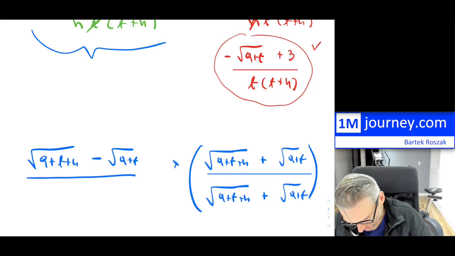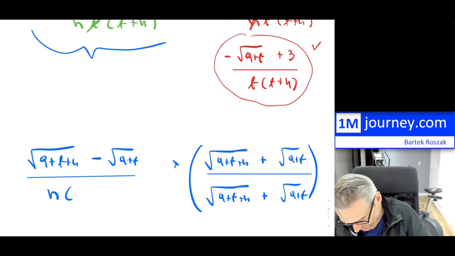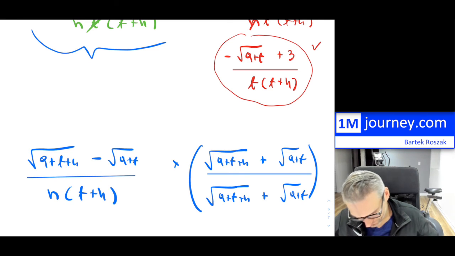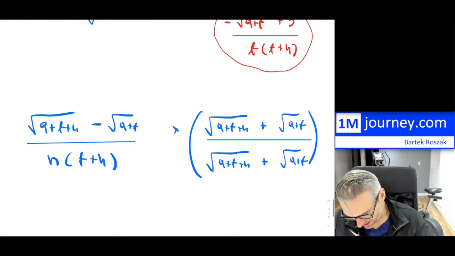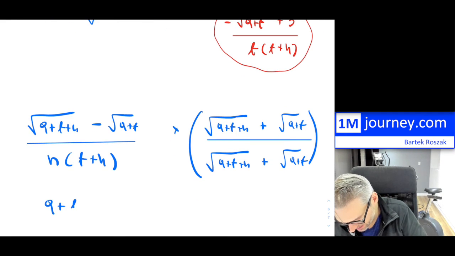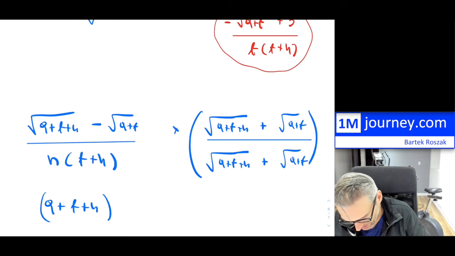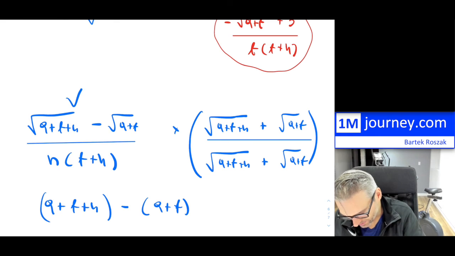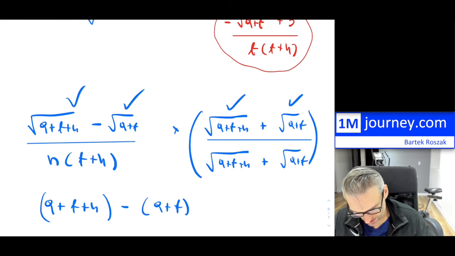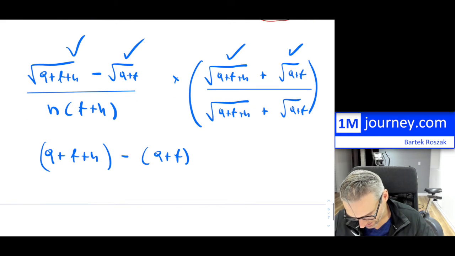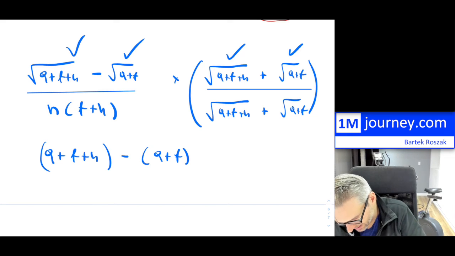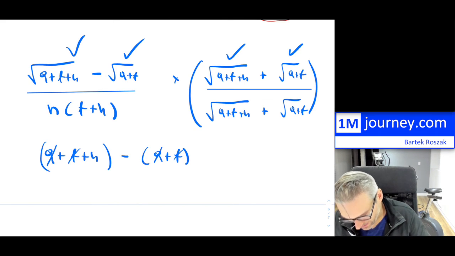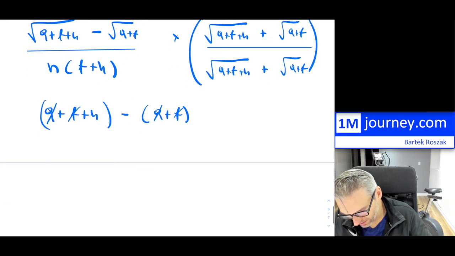This is still h times t plus h. Now this is going to be 9 plus t plus h, minus 9 plus t, multiplied by all of this. That's the difference of squares. Beautiful, because now I have 9 minus 9, t minus t. Perfect, which leaves me just h.